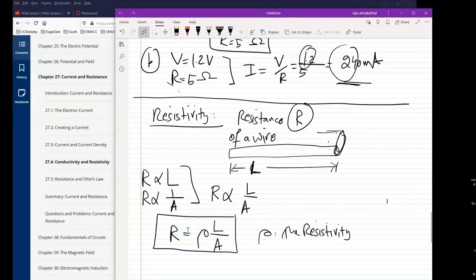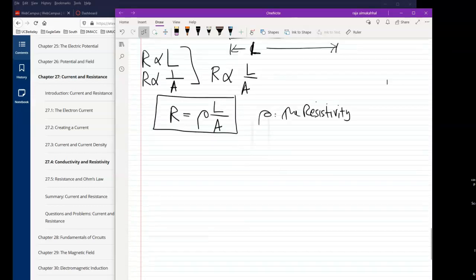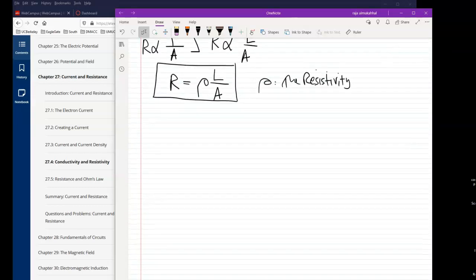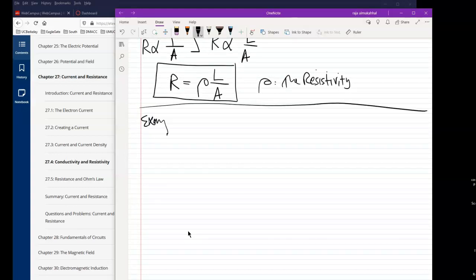Let me show you a quick example, again a simple example on that. I don't think it's from the book.